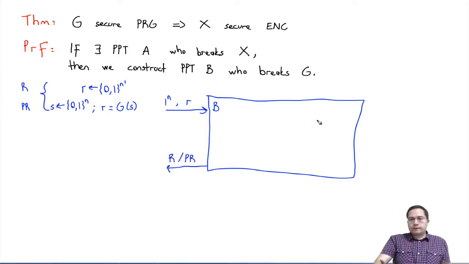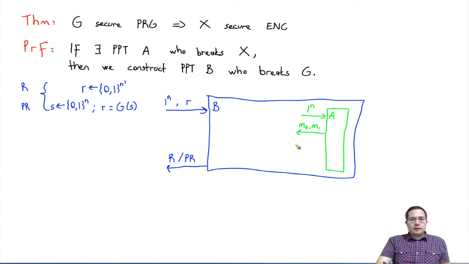Now inside there is this adversary A that we can make use of. A is going to play the encryption game, the eavesdropper. So what's the interaction here? A needs to be given the security parameter, and then A will give us M0 and M1.